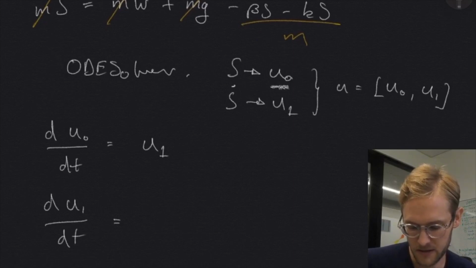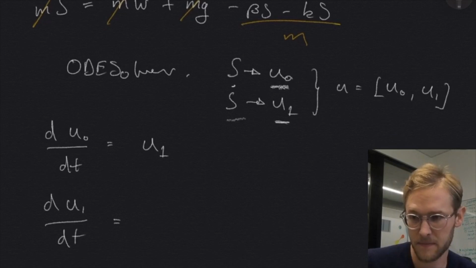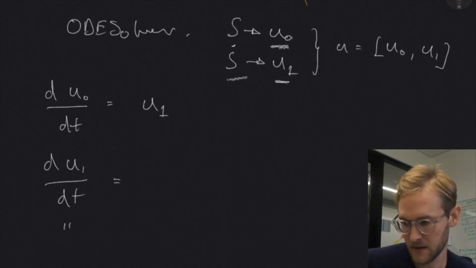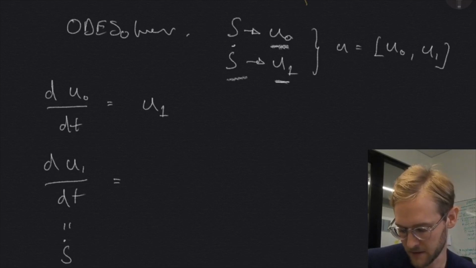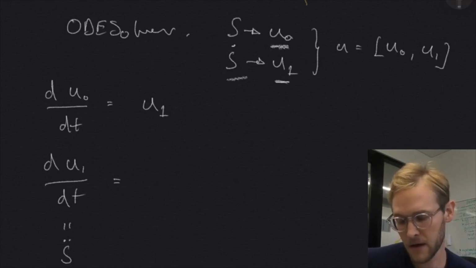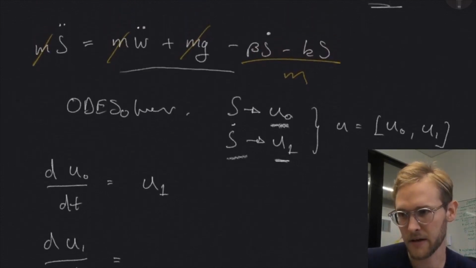Now, because u1 is actually the first derivative of s, this will be the second order derivative of s in time, yeah? So that means this will equal this part over here.